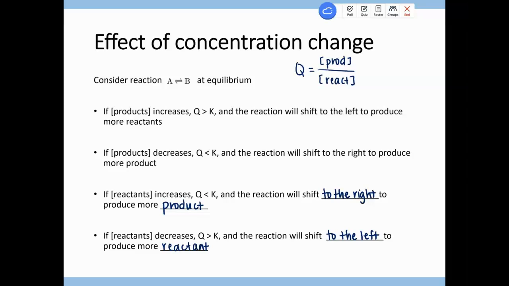So in all of these scenarios, the reaction shifts to reestablish equilibrium. In the last one we talked about, if we decrease reactant, then the reaction will shift to produce more reactant to accommodate that initial decrease. So that means the reaction shifts to the left to produce more reactant.